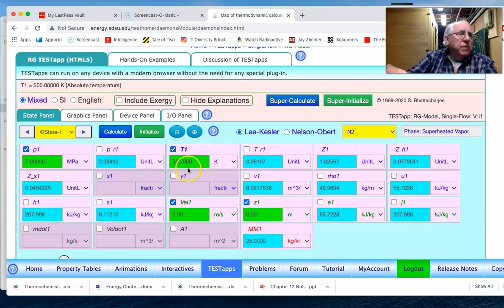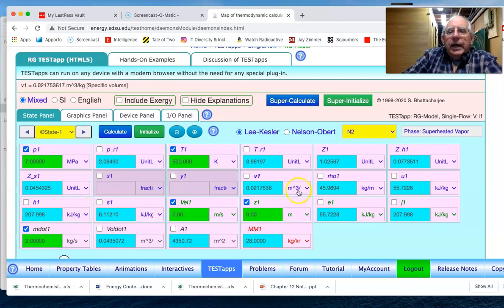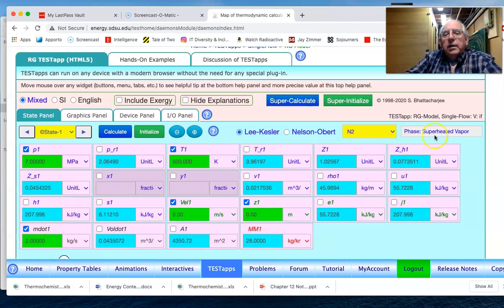But in this case, we're at 500 Kelvin, and so we're fairly warm, if you want to think of it that way. We have, in this particular case, a flow rate of 2 kilograms per second. And so with this in mind, we have all of our values.